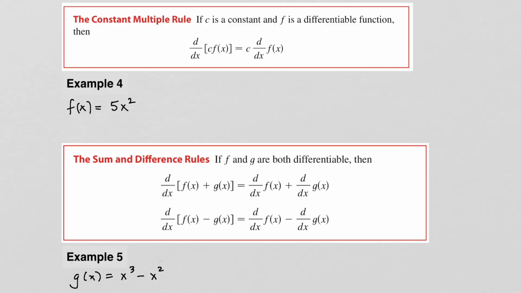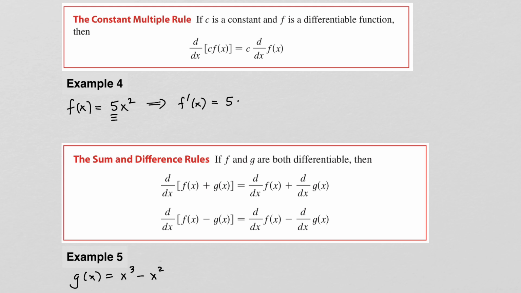Next, we have a couple of very useful rules. The first rule states that if you take a derivative of a constant multiple of a function, that is going to equal the constant multiple multiplied by the derivative of the function. So for example, if f of x is 5x squared, and I want the derivative of this, to get f prime, I don't have to worry about taking the derivative of 5.